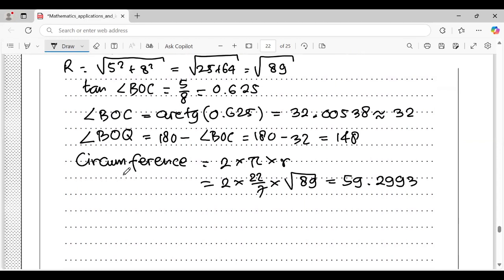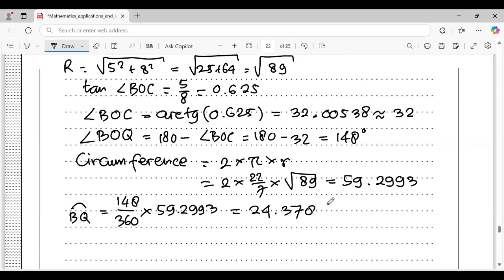The next step is arc PQ. Arc PQ is 148, the angle, over 360 times the circumference. The result is 24.3786, rounded to 24.4 to three significant figures.